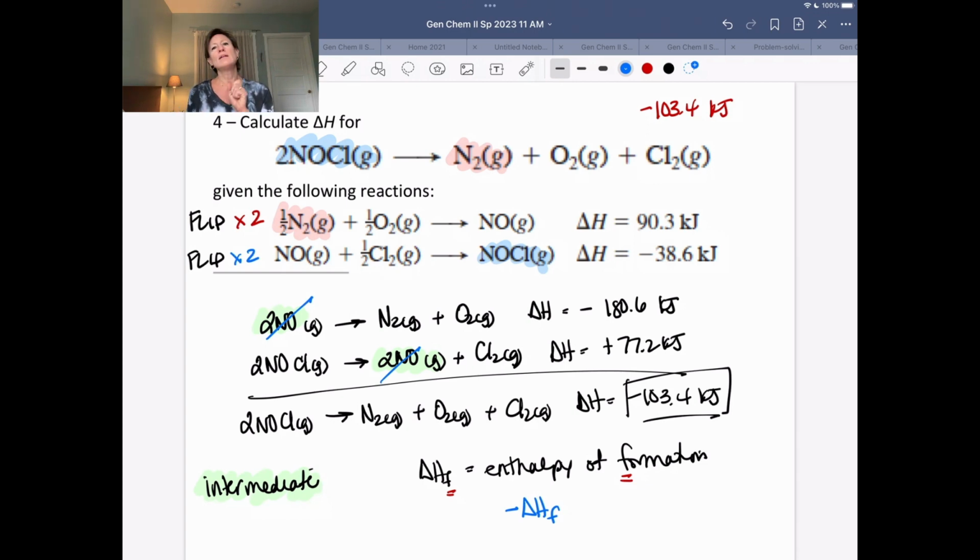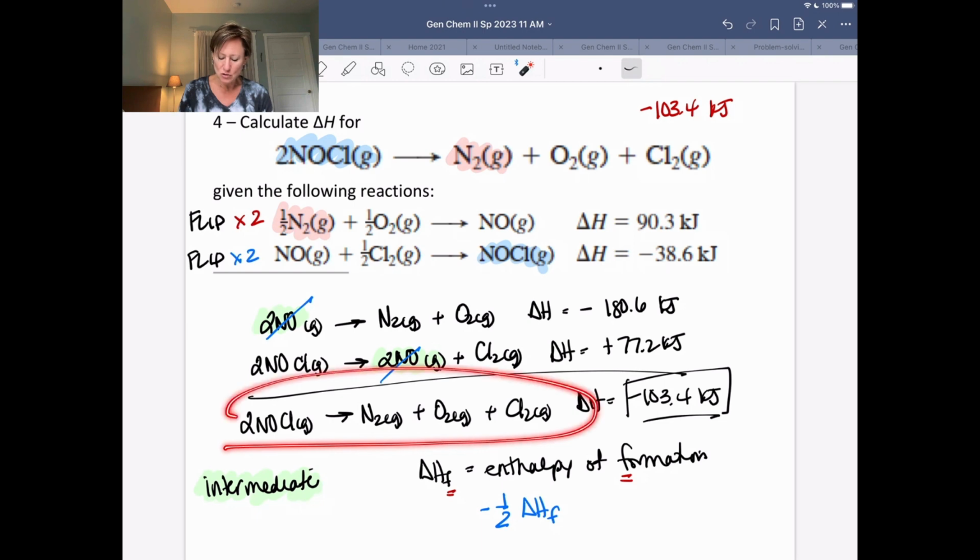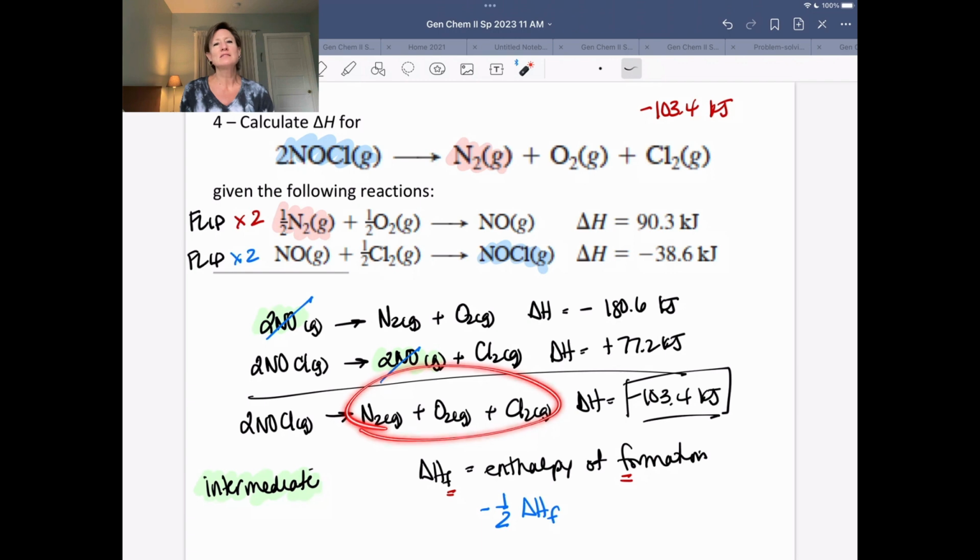Here's why. If you had to write an enthalpy of formation equation, and actually I should say that this is even more than this, this is 1/2 of a reverse enthalpy equation. See if this makes sense. We're going to get to this in our next lecture. An enthalpy of formation equation is an equation that allows us to create 1 mole of a compound from its elements in their elemental form.